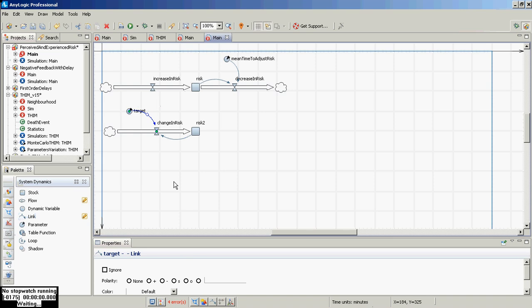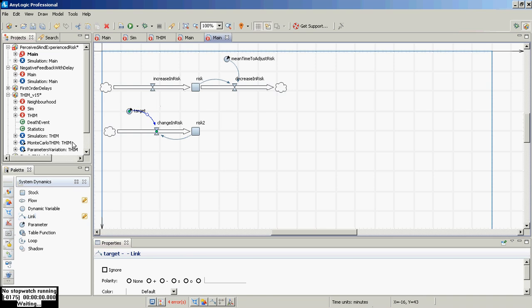I want you to recognize this. Oh, yeah, and the formula for the change in risk is going to be based on some time constant as well, right? I call this a time constant, a mean time. If it's really, really long, it's going to take a long time for this top one to adjust. If it's really, really short, it will adjust very quickly. Same thing down here. It's going to be a time constant, right?